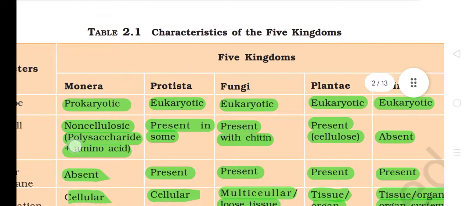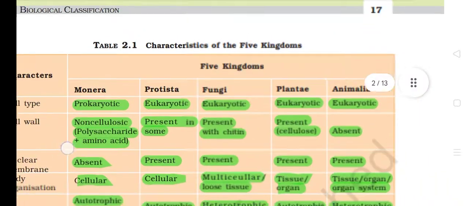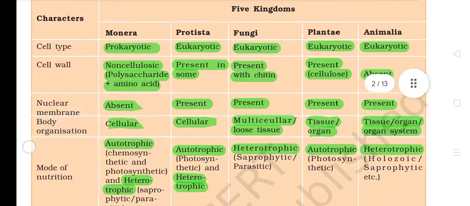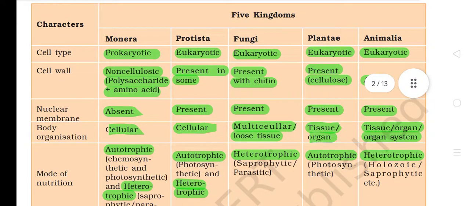Table 2.1 Characteristics of the five kingdoms. Characters: cell type, cell wall, nuclear membrane, body organization, mode of nutrition. Five kingdoms: Monera, Protista, Fungi, Plantae, Animalia. Cell type: prokaryotic, eukaryotic, eukaryotic, eukaryotic, eukaryotic.